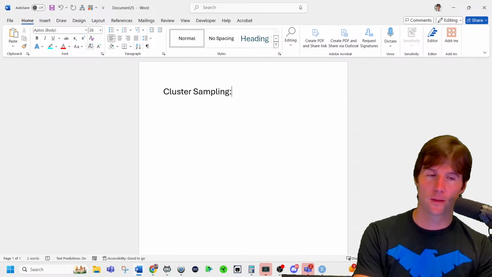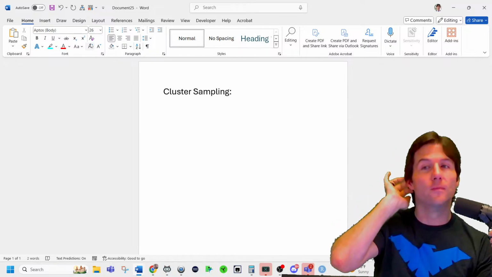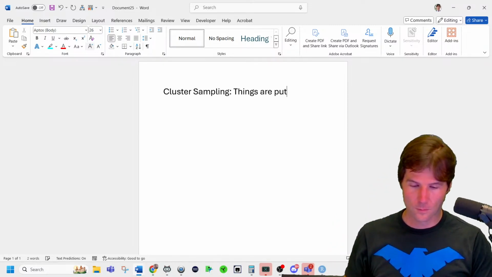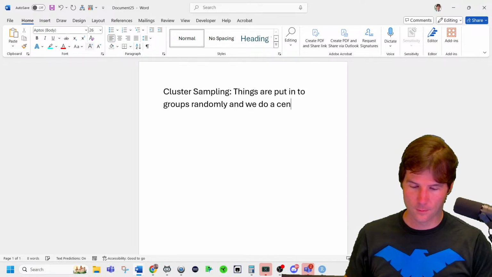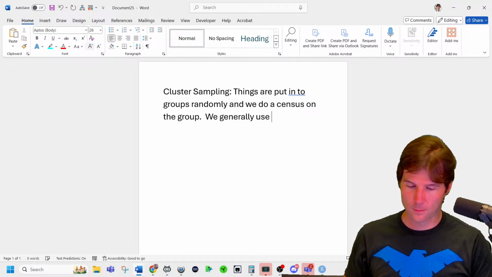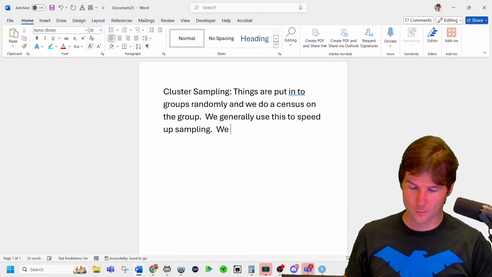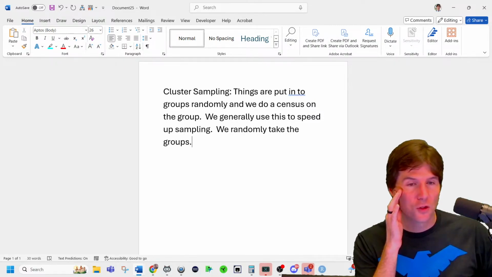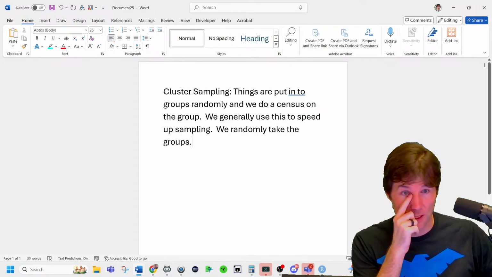Cluster sampling is what? There we go. So you know, clusters have groups and you take a census on the groups.